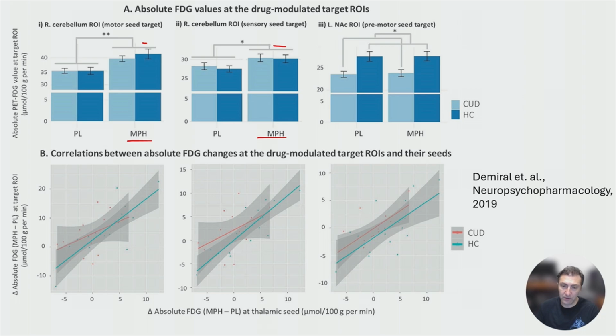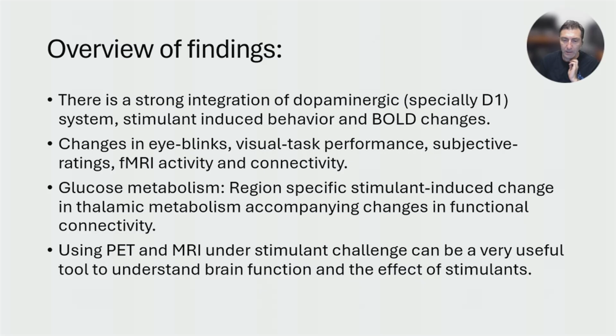However, generally we do see that if people have lower thalamic FDG, they were more likely to have lower target ROI FDG as well. So overall, there is a strong integration of the dopaminergic system, stimulant-induced behavior, and brain changes.